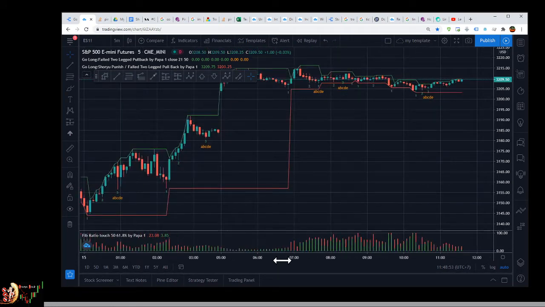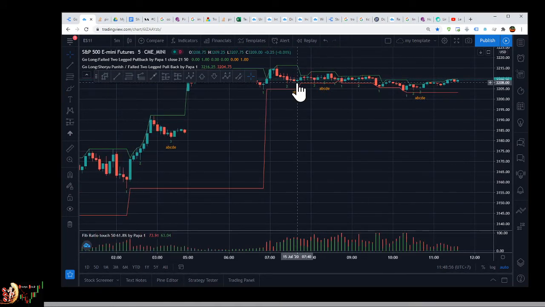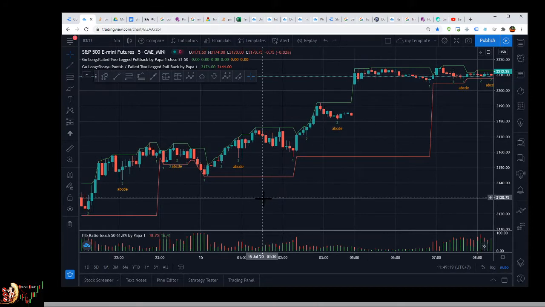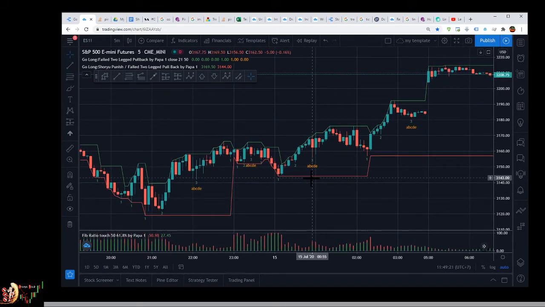So if I take this point, if you see on the left hand side, what we see is that the low has retraced 73.91%, and the close of the candle has retraced 63.04%, okay? Which makes sense, and you can see it for all the ABCDE. So this one, for example, did it retrace? It retraced at 50.98 for the low, but the close of the candle is 27.45.